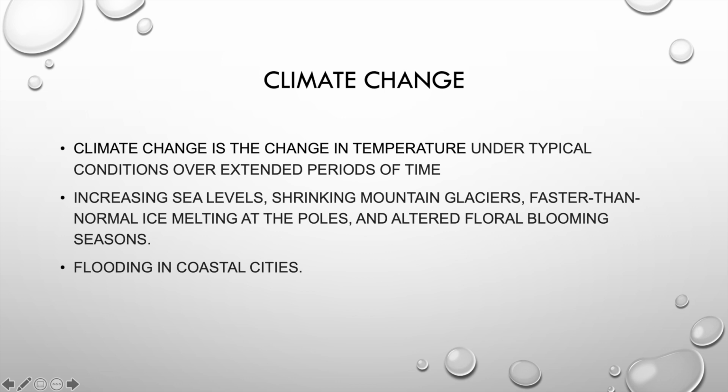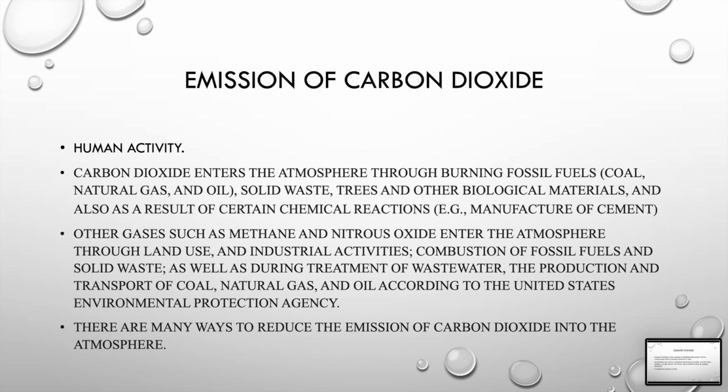To show how dangerous climate change is, many academic sources such as the United States Environmental Protection Agency and NASA are expecting flooding in coastal cities to the extent that by 2050 these coastal cities will be covered in water. Since we understand what carbon dioxide is, what greenhouse gases are, and how greenhouse gases absorb energy and transform it into heat, how do carbon dioxide and other greenhouse gases get emitted into the atmosphere?